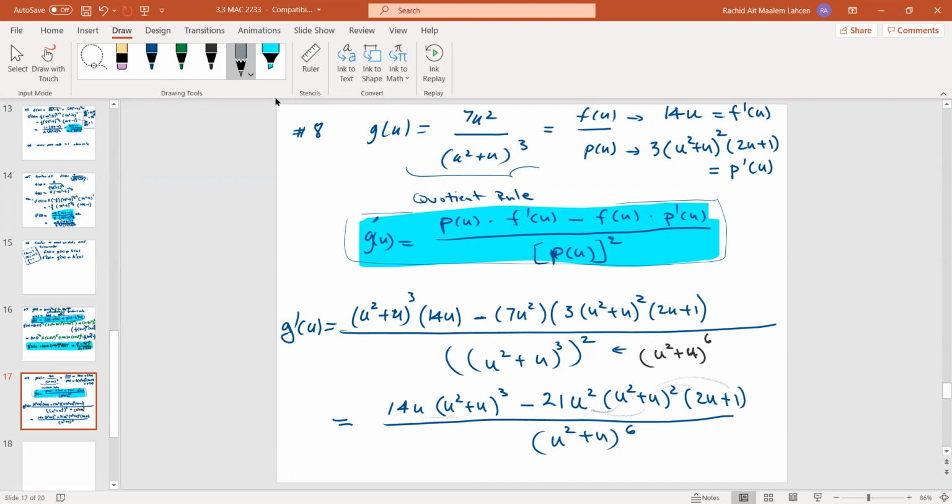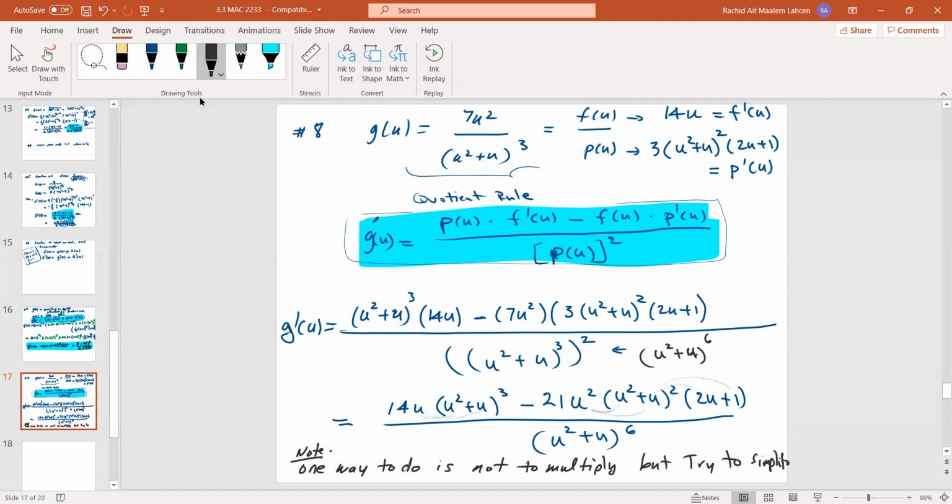And of course, you have this one. So one way to do it in these types of examples is not to multiply, but to try to simplify. If it's possible to simplify, it will be better, because it will make it easier.